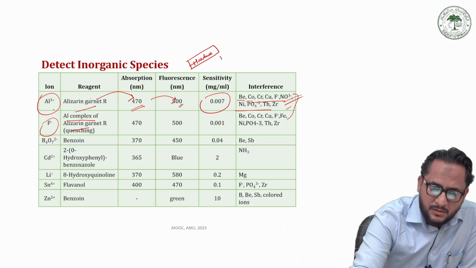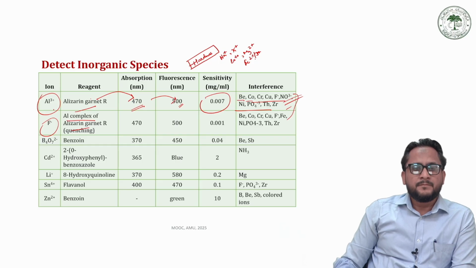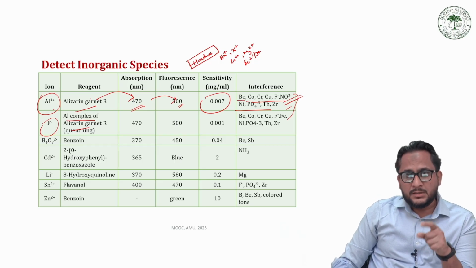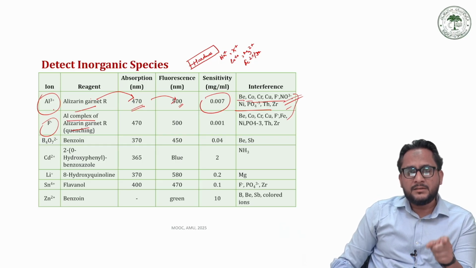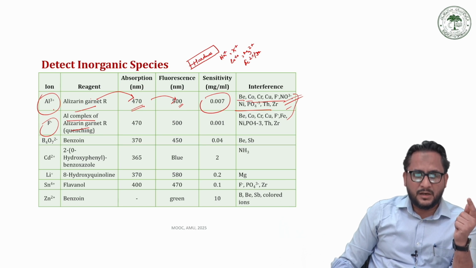Hardness is not caused by Na plus or K plus, but by Ca2 plus, Mg2 plus, iron plus 2 and plus 3 both, and all metal ions. In order to check the hardness we can add alizarin dye. If intensity is decreasing, we can say that yes, of course, metal ions are present.